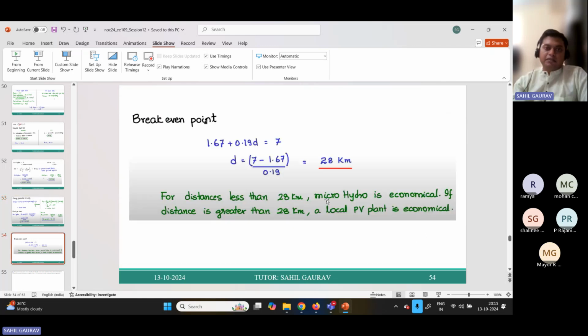Now if you equate both of these, you will get D value as 28 kilometer. So the break even point is 28 kilometer, and that means for distances less than 28 kilometer, this microhydel is economical, and if distance is greater than 28 kilometer, a local PV plant is economical.